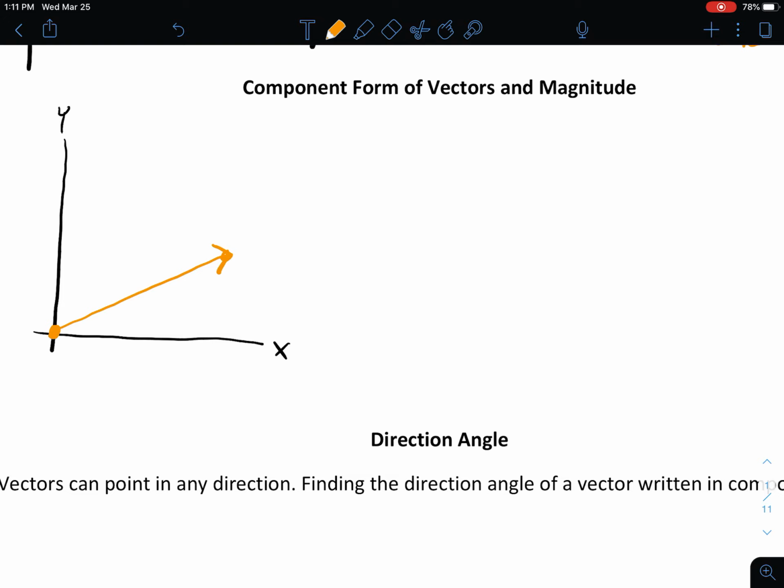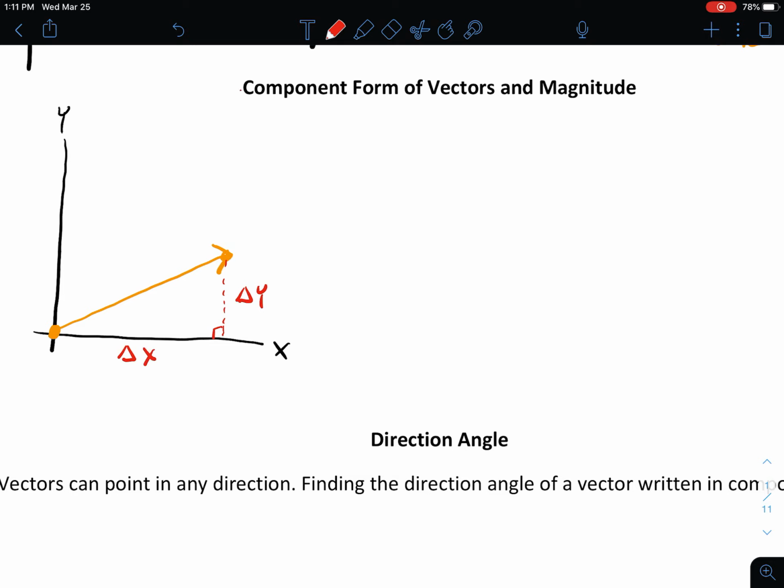So initial point, terminal point, we put the tail on it so that way we indicate what way it's going. And so what we do here is you think of a vector and its components by, well, what's the change from start to finish along the x and along the y?